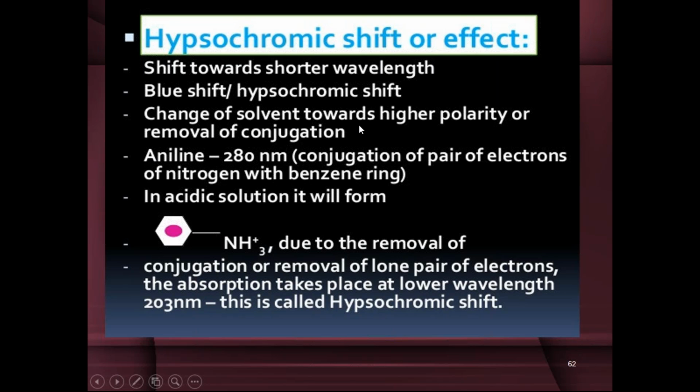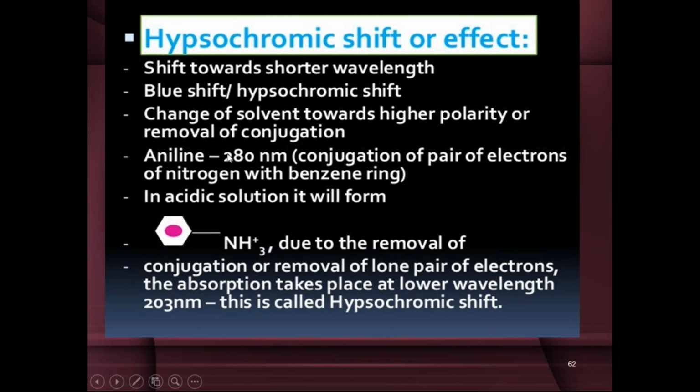So change of solvent, again, this will vary for the n-pi star transition and the pi-pi star transition, exactly opposite to what happened in the bathochromic shift. There, we were getting a bathochromic shift for the n-pi star transition if the solvent polarity was decreased.